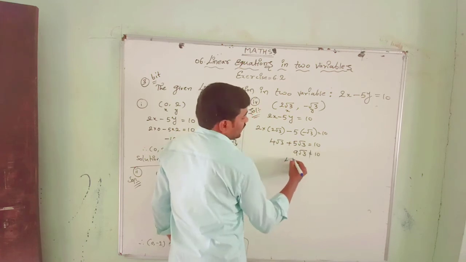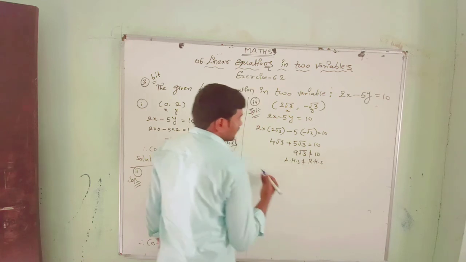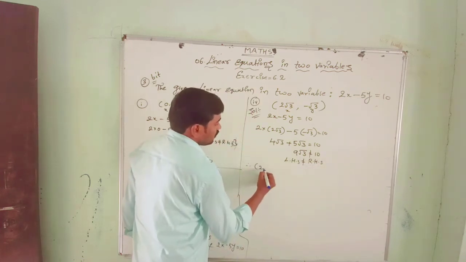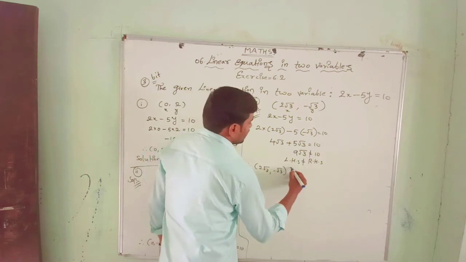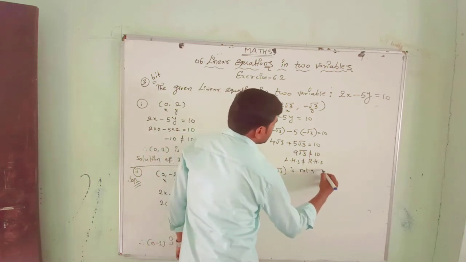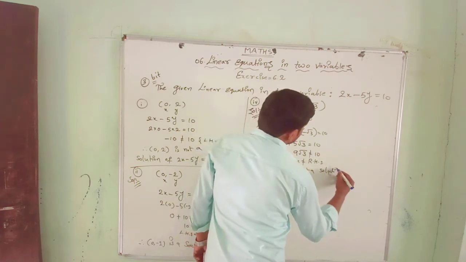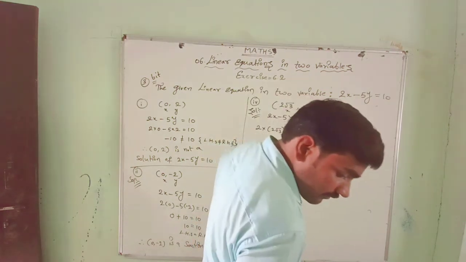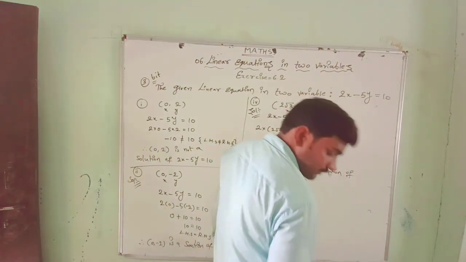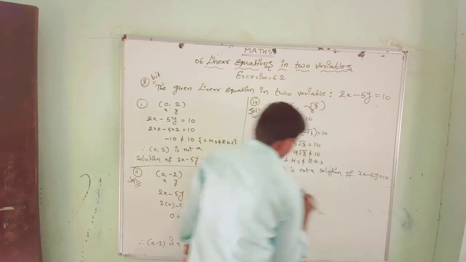So LHS is not equal to RHS. Hence, (2 root 3, minus root 3) is not a solution of the equation 2x minus 5y equal to 10.